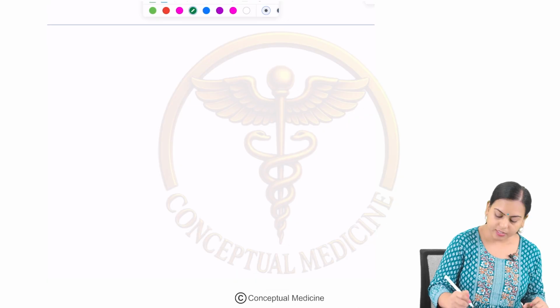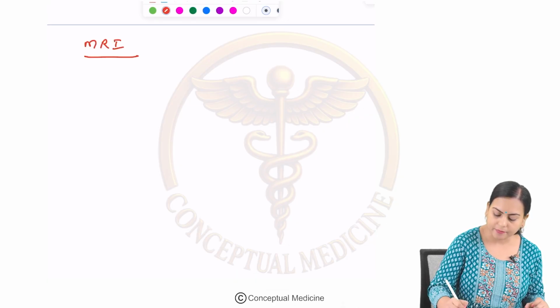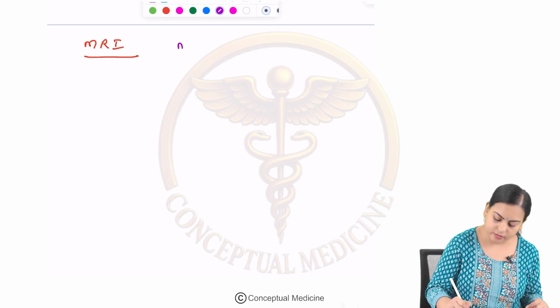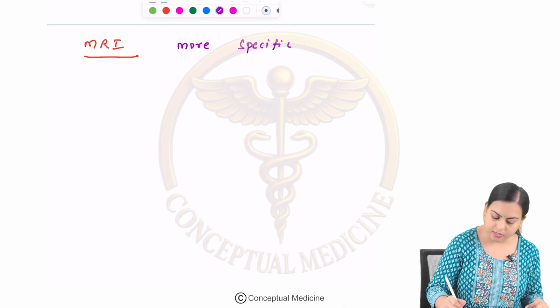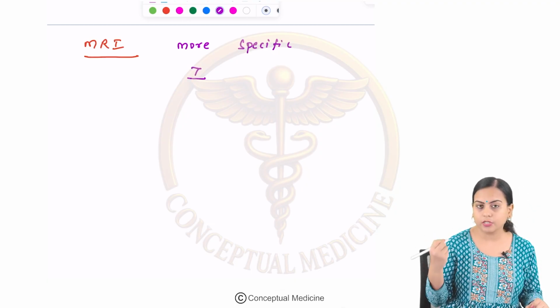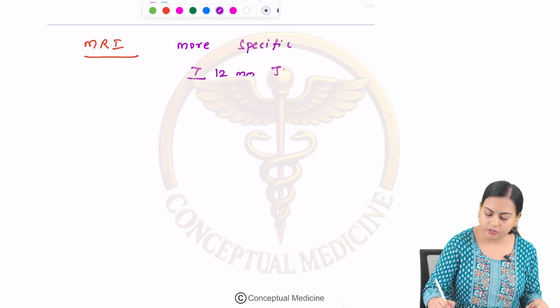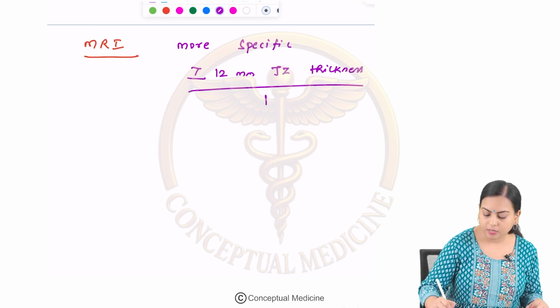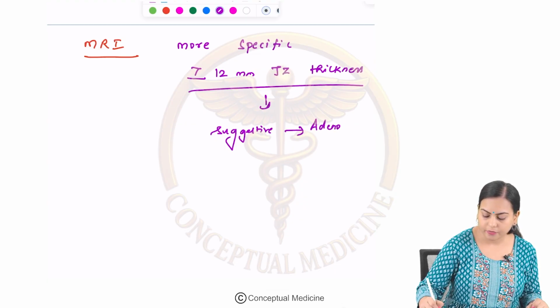Okay. The next investigation which you can offer them is MRI. MRI is more specific, and if a junctional zone thickness of more than or equal to 12 millimeters is seen, then it can be suggestive of adenomyosis.